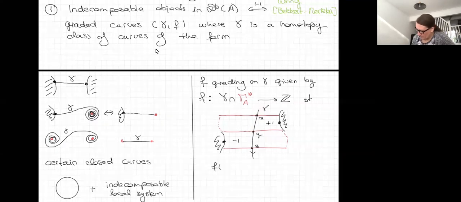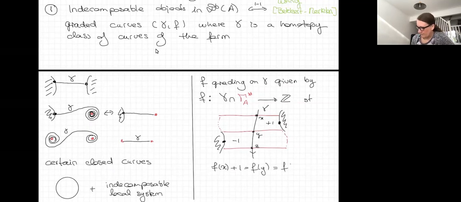So we get the rule that f of x plus 1 is f of y, and that's the same as f of z plus 1. So if we have a grading of n here, then we get n plus 1 here, and we get n here.